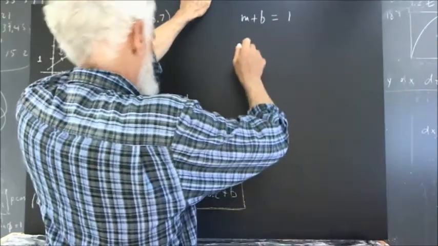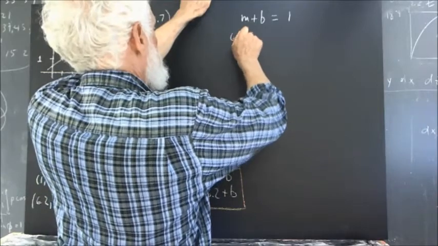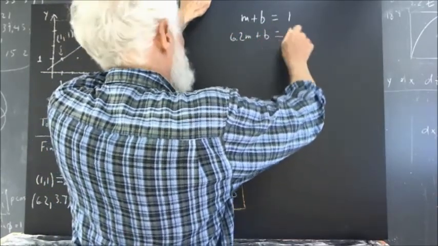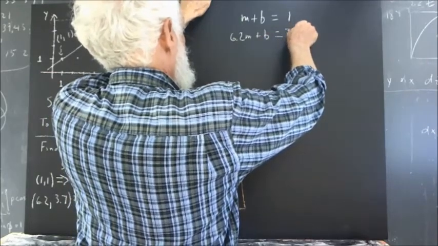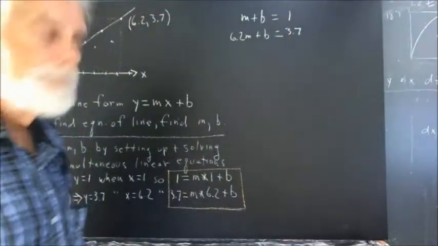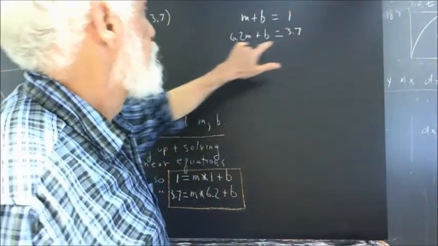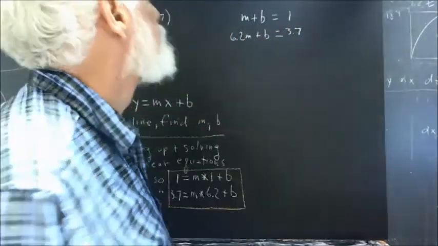And for the second equation, 6.2m plus b equals 3.7.